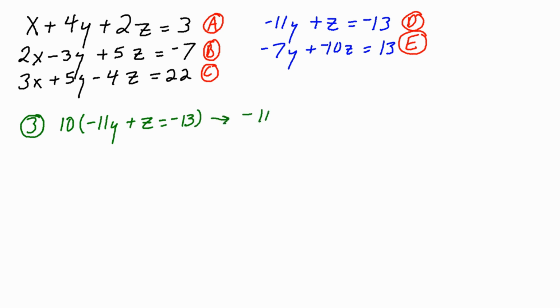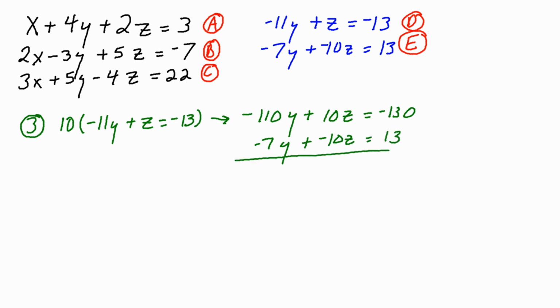So I have -110y plus 10z equals -130, and I'm going to add that to -7y plus -10z equals 13. And -110y plus -7y is -117y. Our z's cancel, so that equals -130 plus 13, which gives me -117. Dividing both sides by -117, y equals 1.